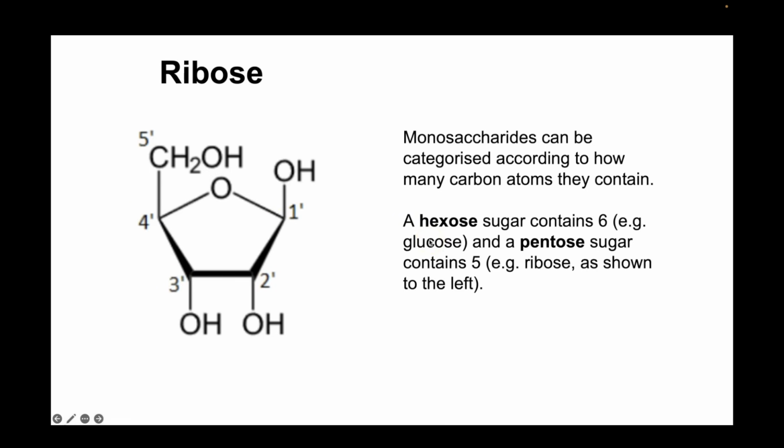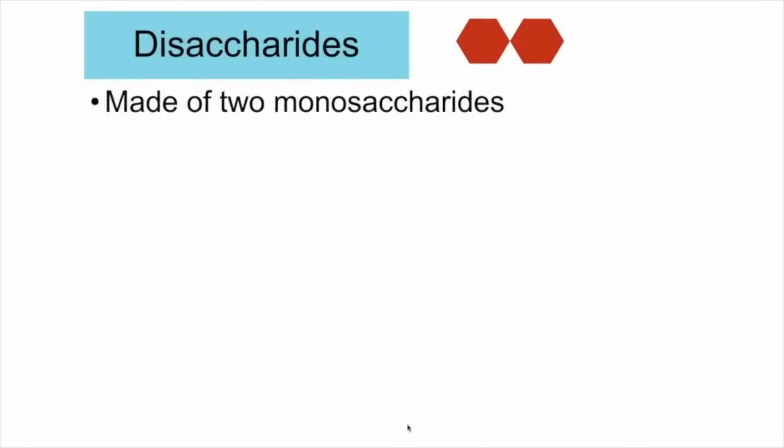Glucose has 6 carbon atoms, so that would be known as a hexose sugar. So where you see OSE on the end, that means it's a sugar, and then the prefix in front is to indicate how many carbons it contains. And here is our structure of ribose, the pentose sugar, which is a monosaccharide that you need to know the details of. So next we move on to the disaccharides.